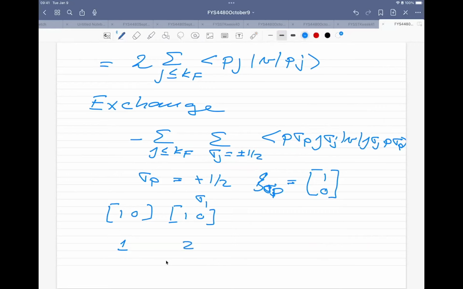Now, when we perform the multiplication with the ket side, we would have a sigma j here, which is going to be given by 1, 0. Now this is particle 1, and then we have the other one, which is particle p. So this is sigma p, and now we have sigma p here. That is the exchange part, which is also 1, 0.